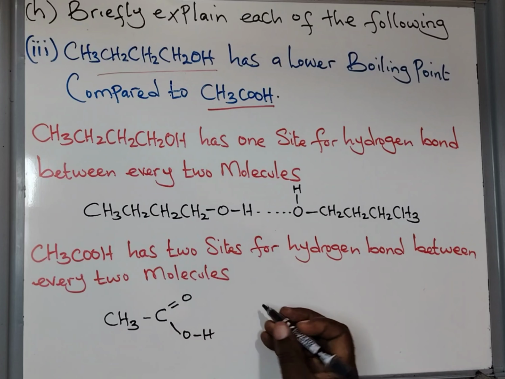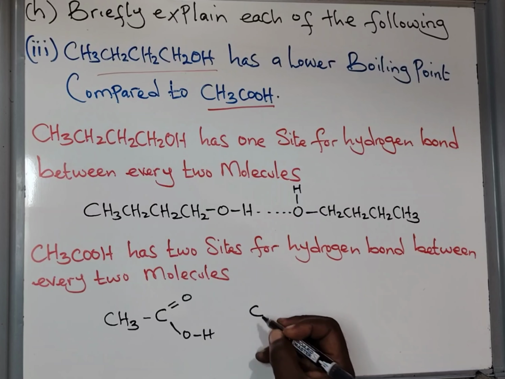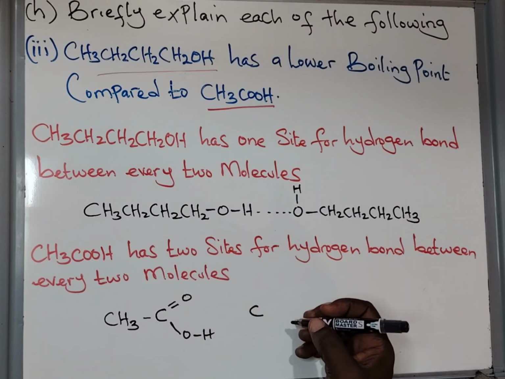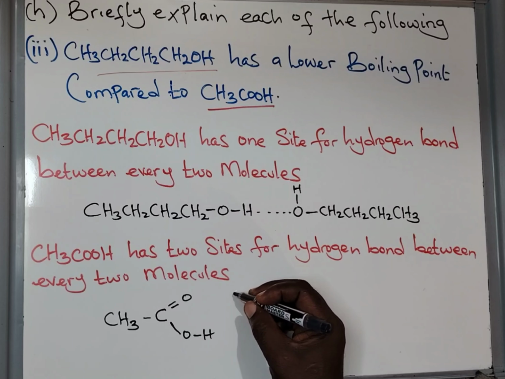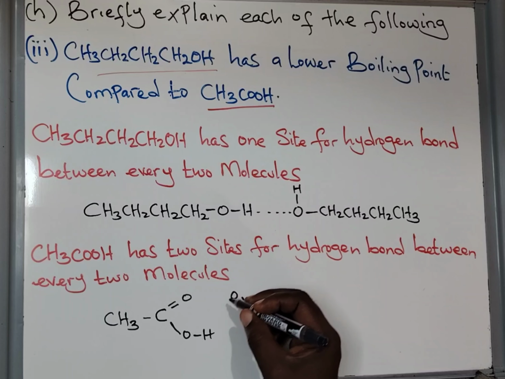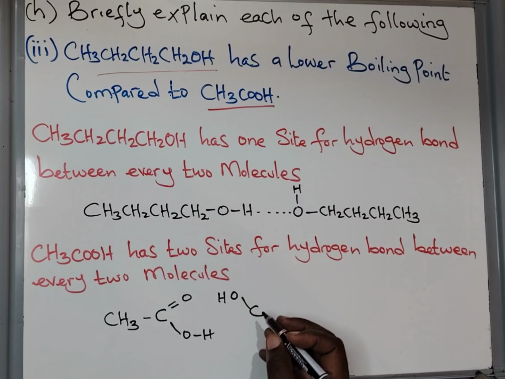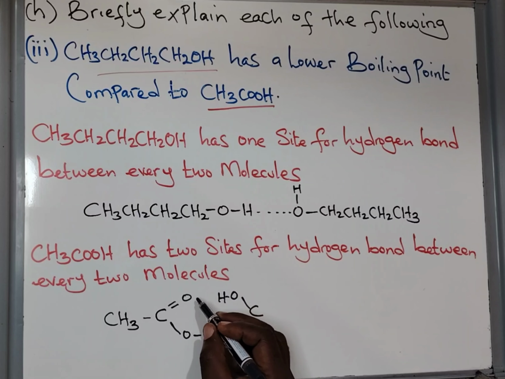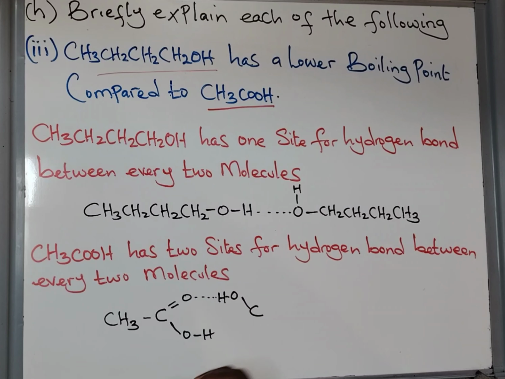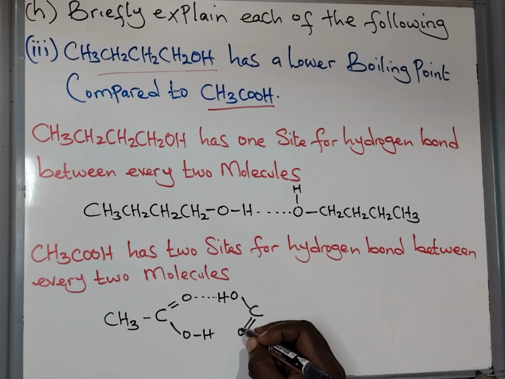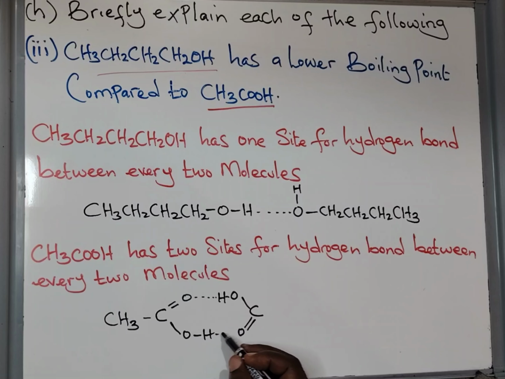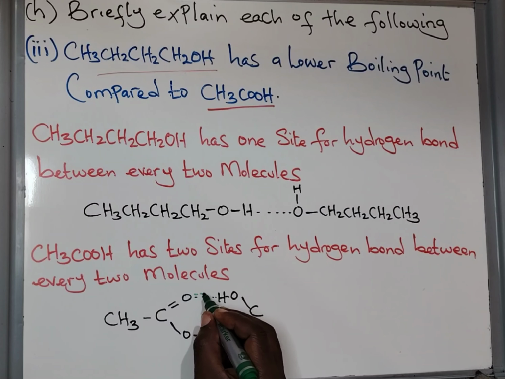So we are going to have another ethanoic acid here, this time inverted, with O and H. So there is a hydrogen bond there. And this side will have our O, and there is a hydrogen bond there. Remember, these are the hydrogen bonds we are talking about.